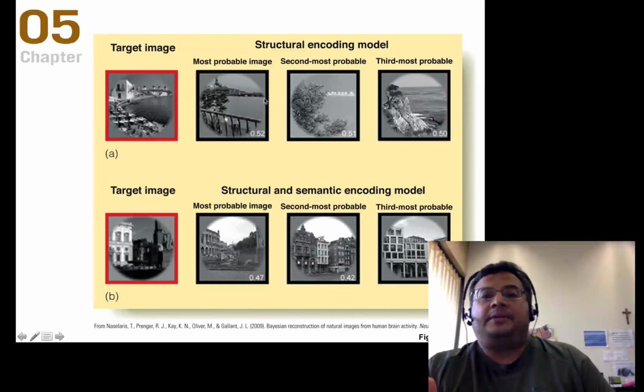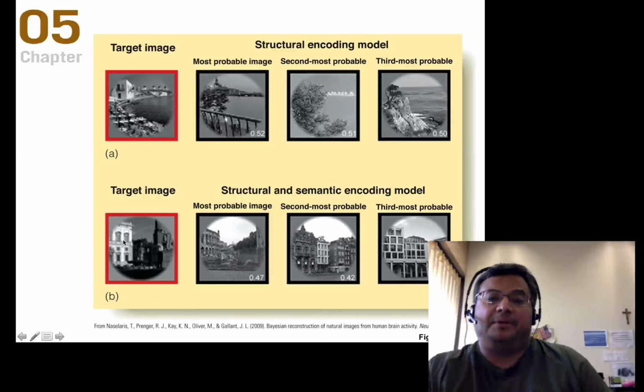And it did okay, not too bad. But then we had another model that did not only structural analysis, looking at the pixels and how they're arranged, but it also did a semantic analysis. In other words, this model would look at a picture and try to identify the objects sitting in the picture. So it would find building and sky and whatnot.